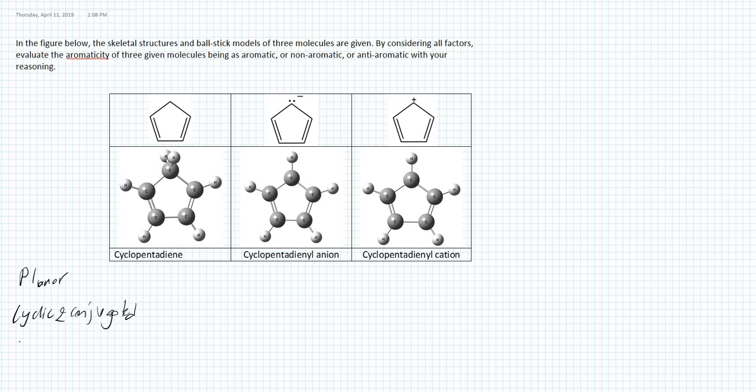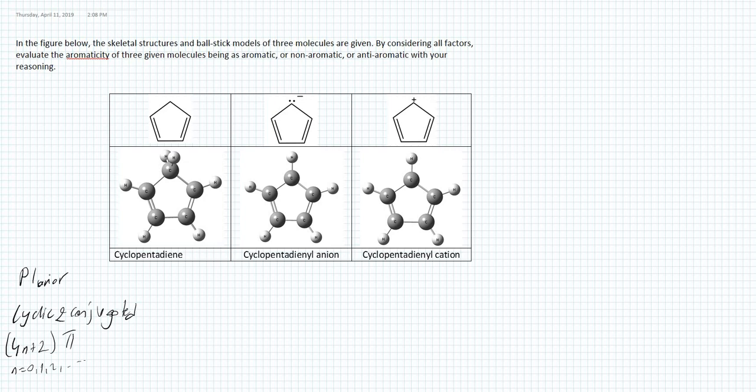And then the last rule, the molecule should have 4n plus 2 pi electrons, where n can be 0, 1, 2, any positive integer. So let's evaluate the aromaticity of these three given molecules based on these criteria.